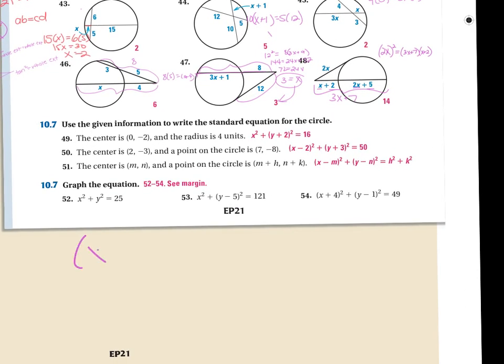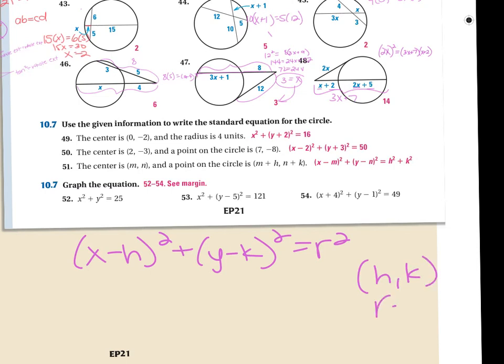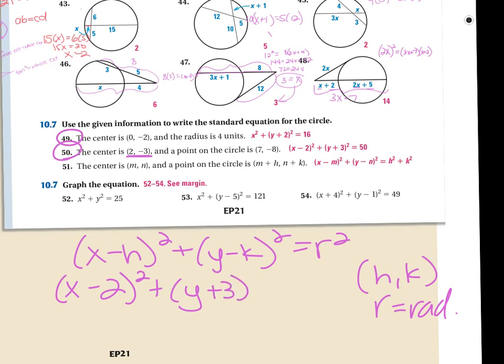All right, 10.7 is finding the equation of a circle. So remember that it's x minus h squared plus y minus k squared equals r squared. (h, k) is your center and r is your radius. So it's really pretty easy. It's something like 49 or 50 where you have to just say, okay, let's go to 50. If (2, negative 3) is your center, then it'd be x minus 2 squared plus y minus a negative 3, which becomes plus 3 squared.